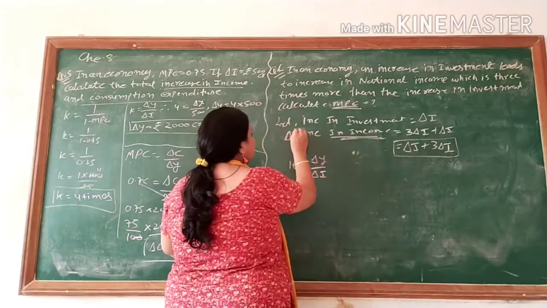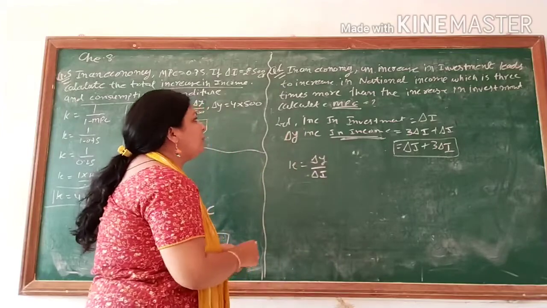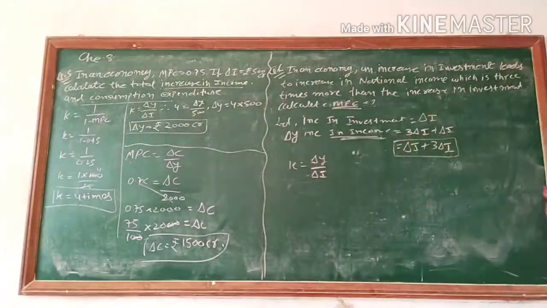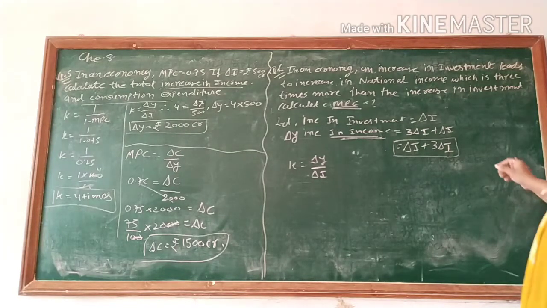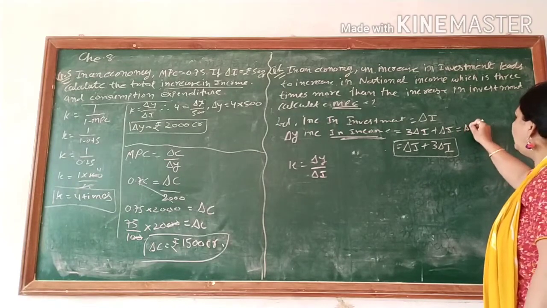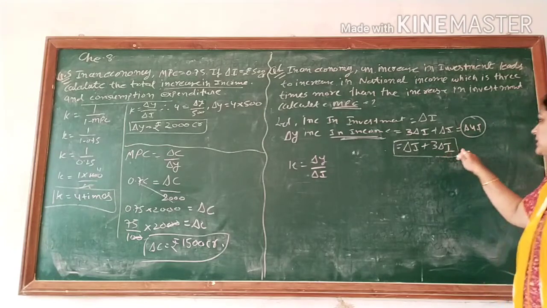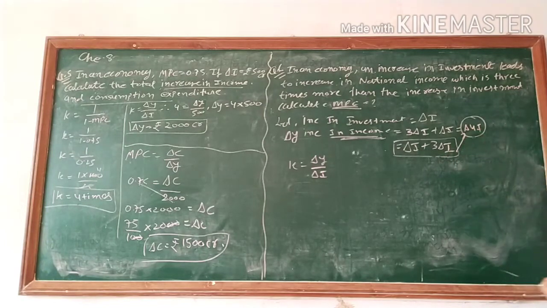So this is your delta Y. Now put the value in the sum. Chalo. If we are putting the value in the sum, what is the value? K is given to you. National income becomes the delta 4I. Clear? This is your final. This is the solution of this. Delta 4I.